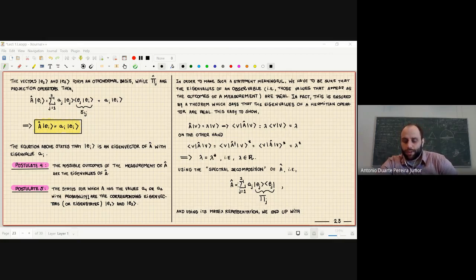We constructed this operator from the discussions that we had before, and if you rely on the machinery of linear algebra, it follows naturally that the observable will be represented as the possible outcomes of your measurement multiplied by the projectors formed by the eigenvectors of the operator.